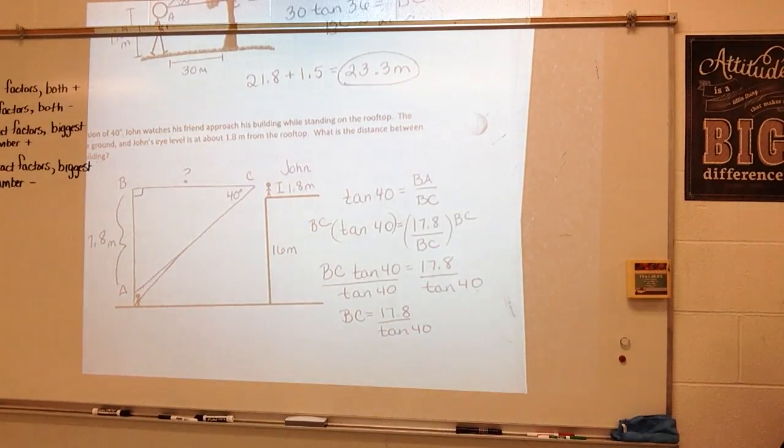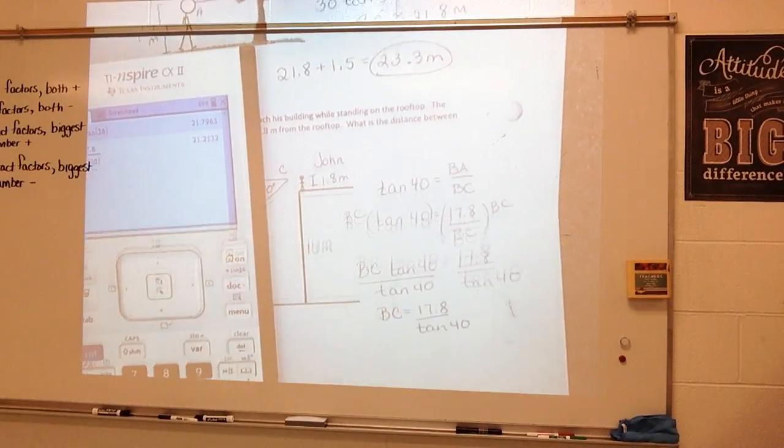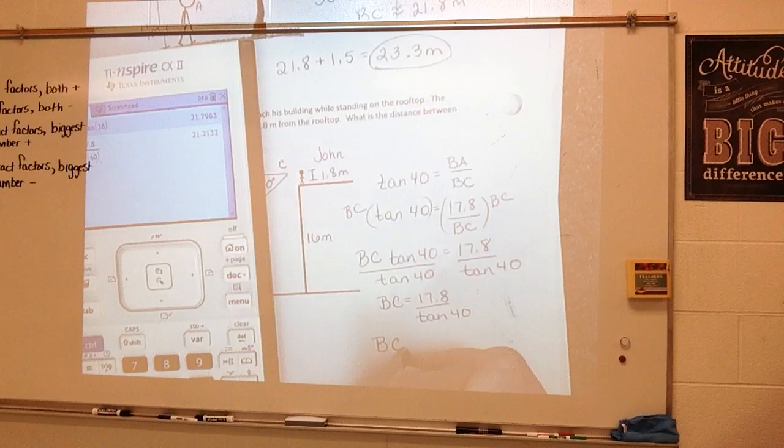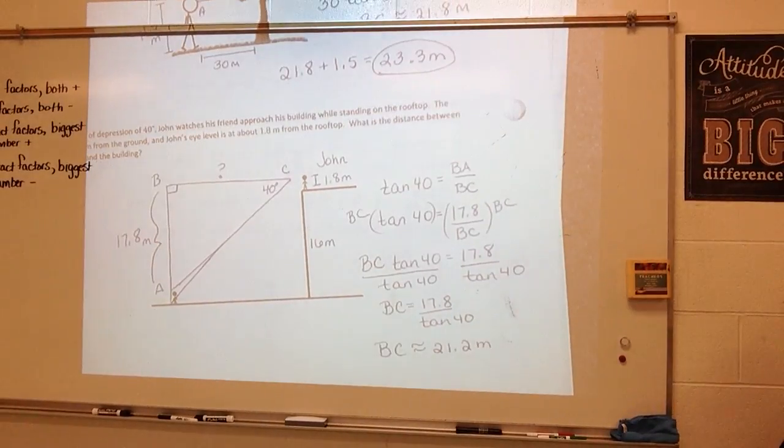All right, so let's go ahead. We're going to go to our calculator. And I'm going to do 17.8 divided by the tangent of 40, which gives me approximately 21.2 meters.